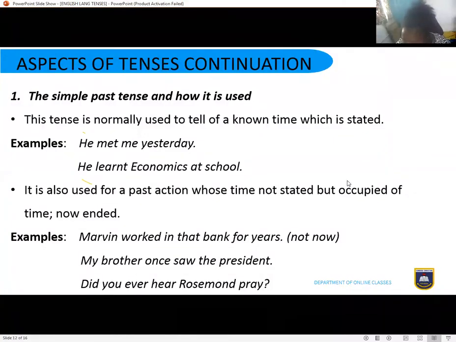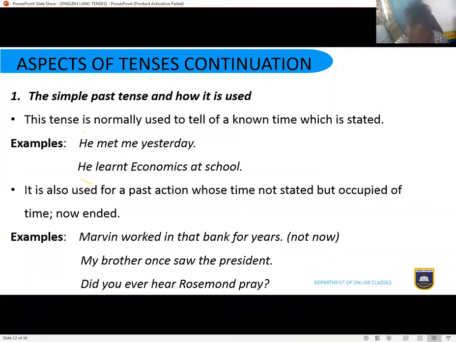Sorry, there's a mistake here. You put which here, but which occupied a period of time. So the time is not stated, but it occupied what? The period that the action has occupied, it will be given to us.